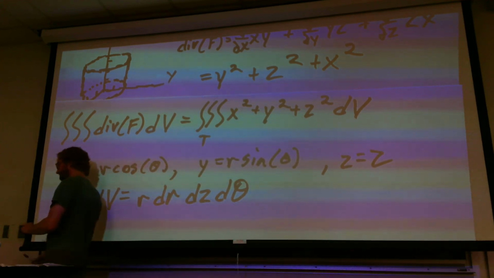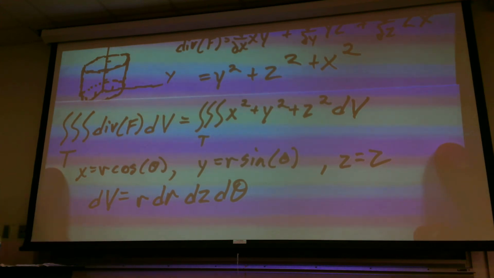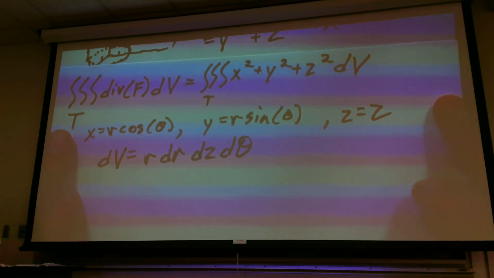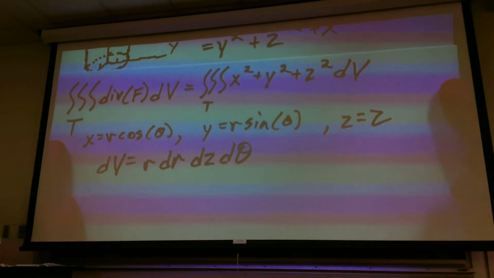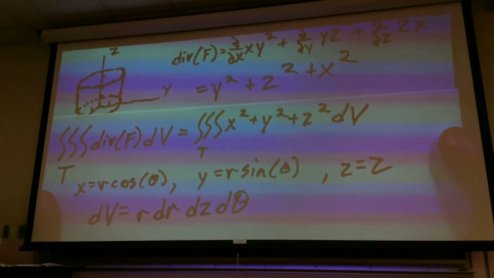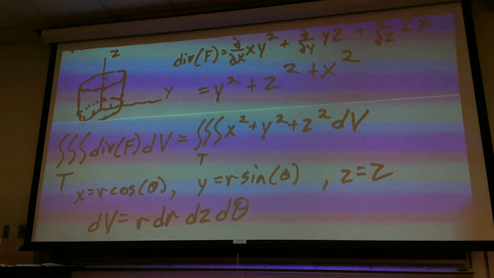So, where r and theta exist within the xy plane, and dz is just going up and down. So the triple integral of this guy, d theta is my outermost term. Okay?